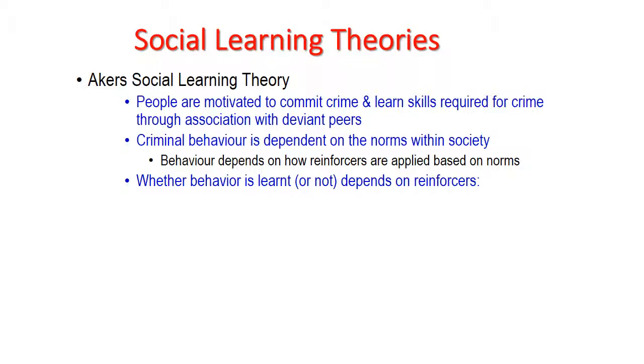Whether an individual learns these criminal behaviors in terms of not just the techniques, but also the attitudes, the rationalizations, the justifications, as mentioned earlier, depends on the different types of reinforcers that they receive for not just the behaviors, but also voicing certain thoughts or attitudes.